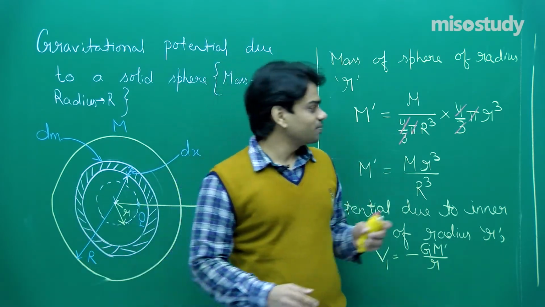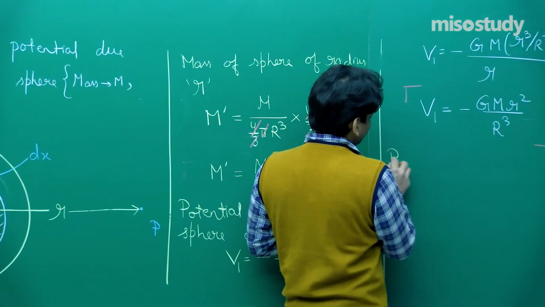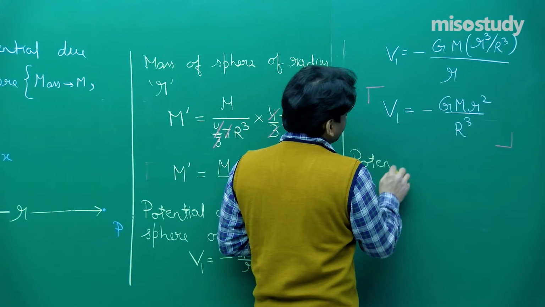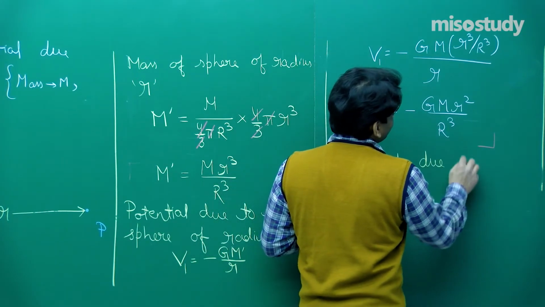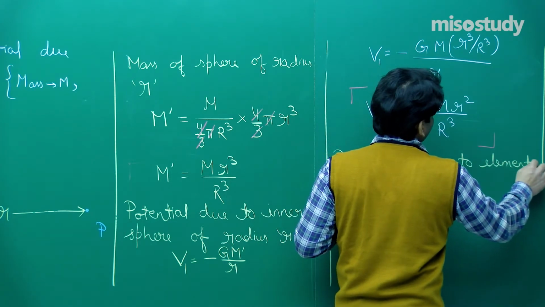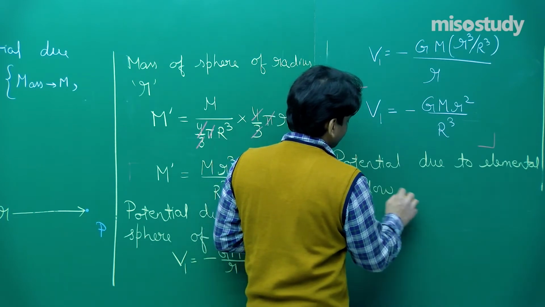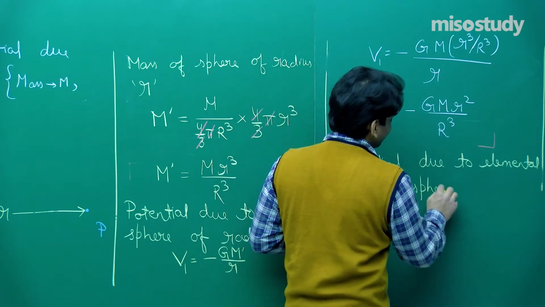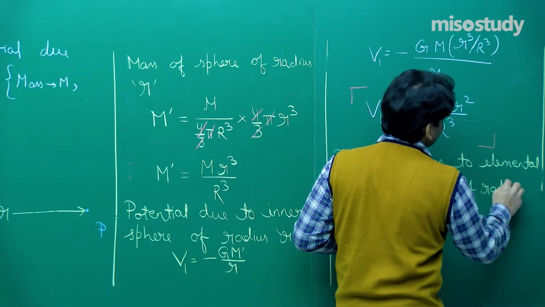What I mean to say, you see here, potential due to elemental hollow sphere of radius x, because already we have taken its radius to be x, so I am not mentioning it separately.